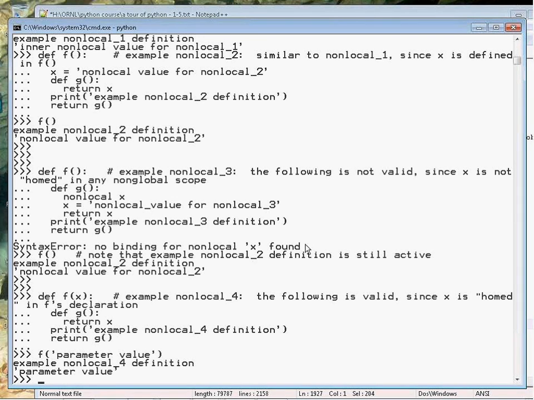Okay, and let's go on to the last set of examples, which are the locals, and there are only 3 of these. Two of them are valid. Actually, there is one interesting example that breaks, but I don't have it here.